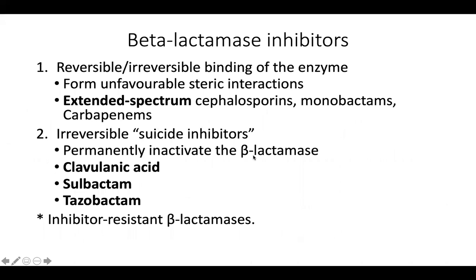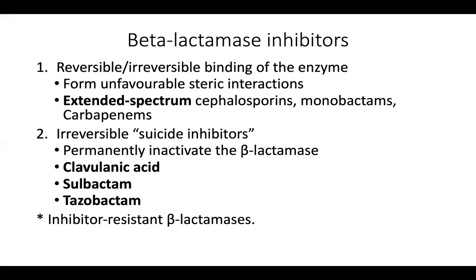So what happened when scientists realized that bacteria are producing beta-lactamases? There was a need to then inhibit the beta-lactamases, and this is where the beta-lactamase inhibitors came in. So there are two broad classifications of the beta-lactamase inhibitors. So you could have binding of the enzyme, where they form unfavorable steric interactions.